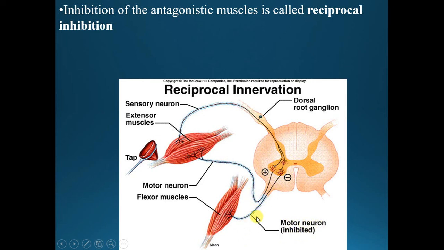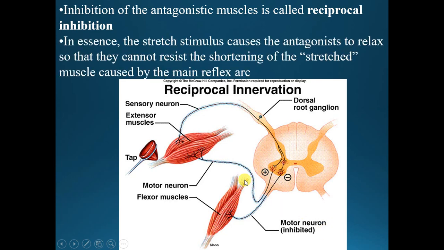The motor neuron is inhibited by sensory neurons from the dorsal root directly to the ventral roots. In essence, the stretch stimulus causes the antagonists to relax so that they cannot resist the shortening of the stretched muscle caused by the main reflex.